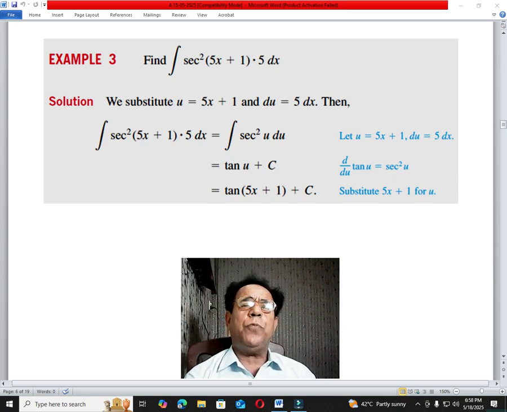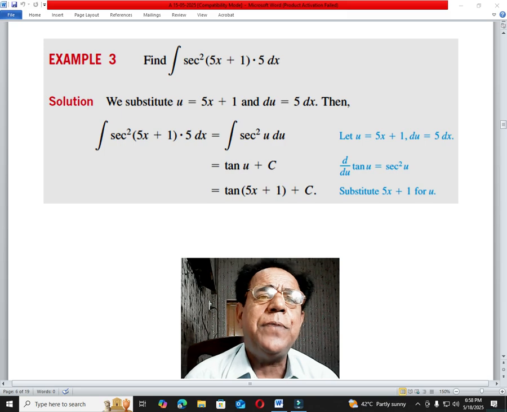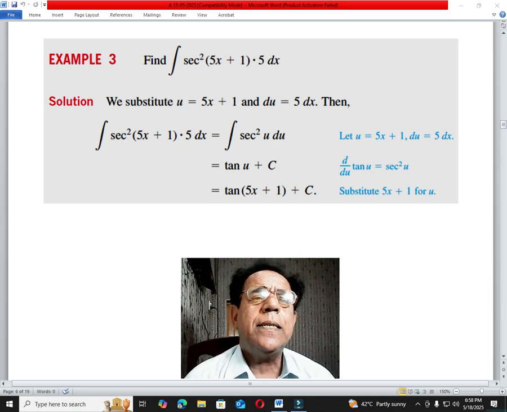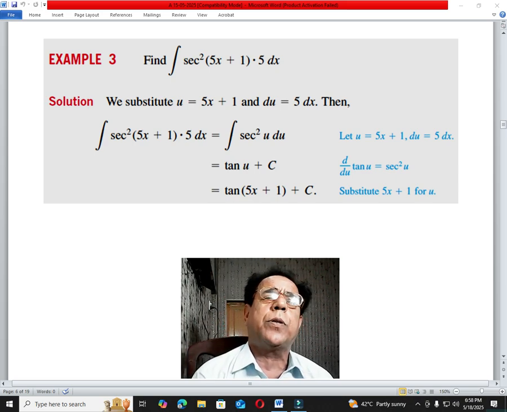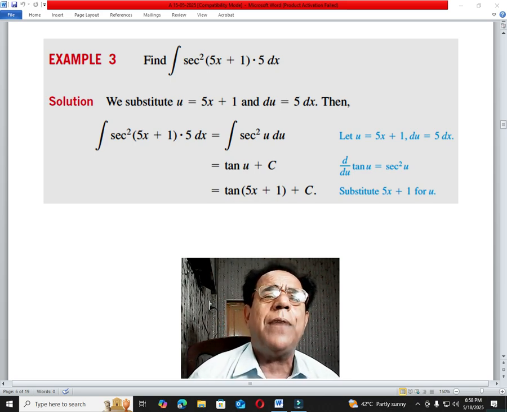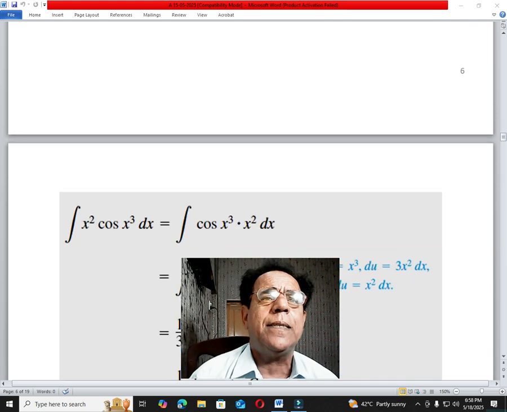So in place of 5 dx we will use du, and in place of secant square of 5x plus 1 we will use secant square u. Next we will apply the formula for u, and after solving this problem we will again substitute u by 5x plus 1, so that the given statement is solved exactly.